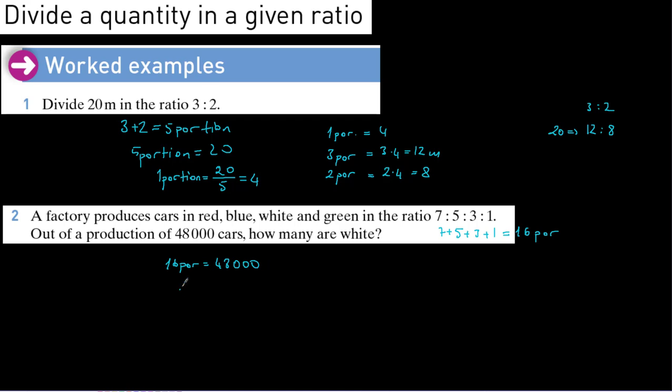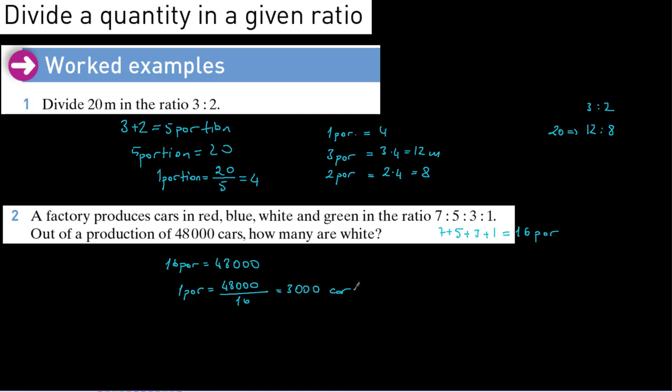cars, which means 1 portion should be equal to 48,000 divided by 16. And this makes 48 divided by 16, which is 3, and then 3 zeros, so 3,000 cars.